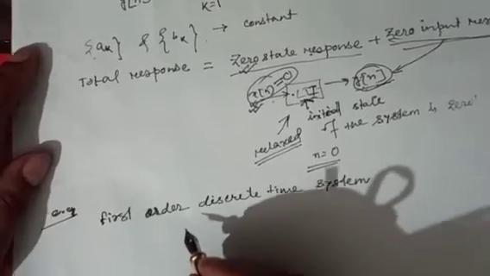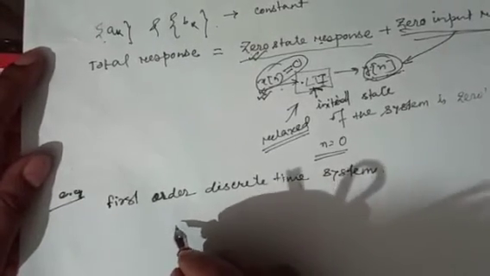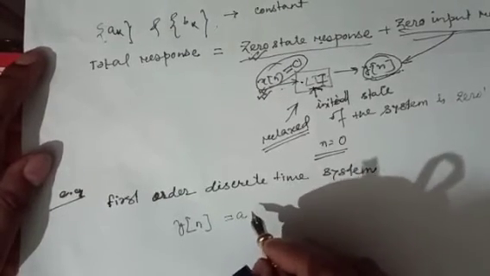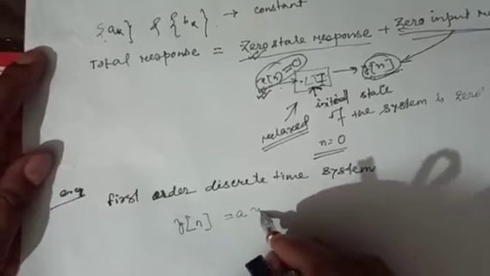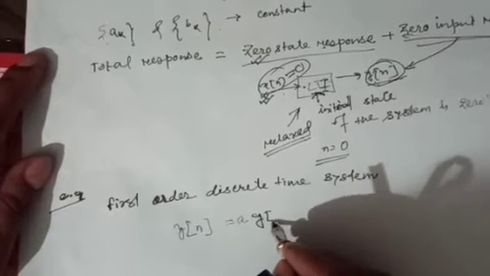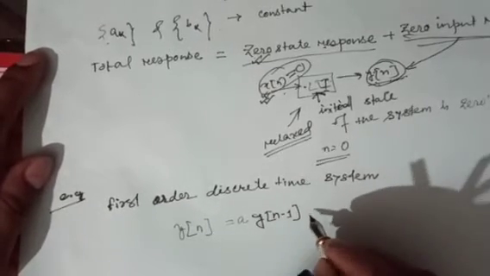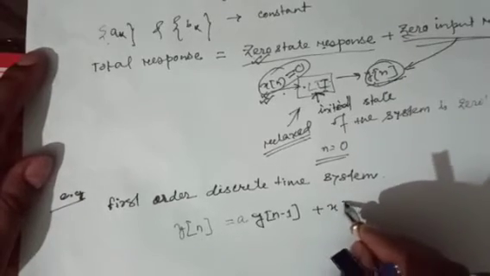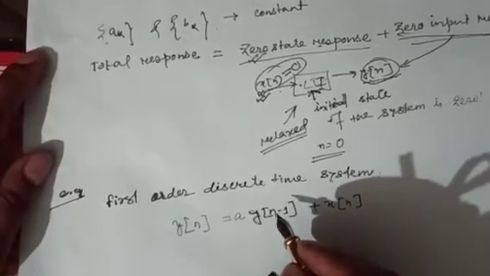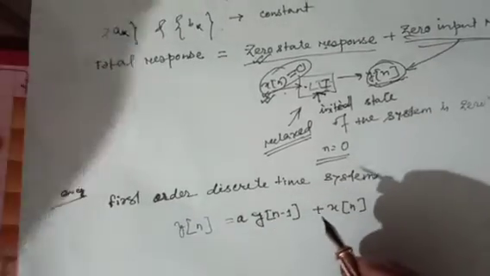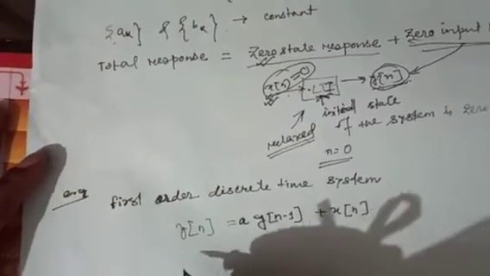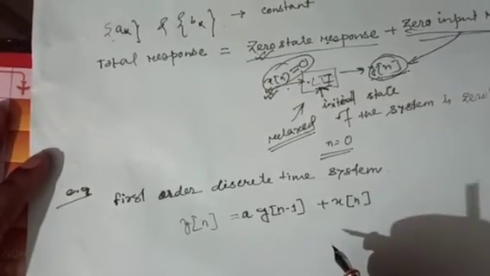So for the first order discrete time LTI system, the difference equation will be y of n is equal to a into y of n minus 1, since it is first order, plus x of n. So this is in general the first order discrete time system, which is being defined using a difference equation like this.